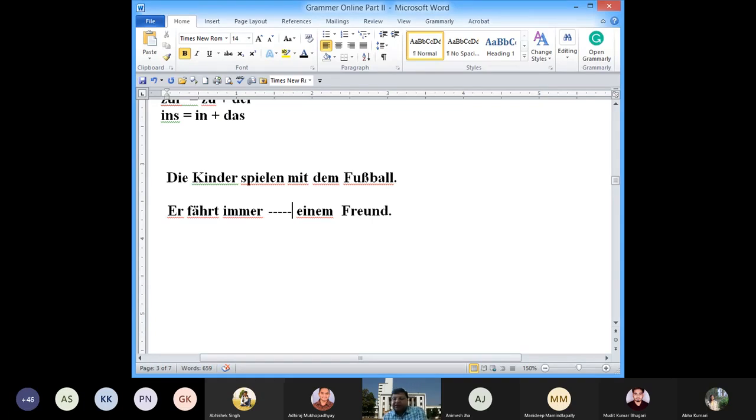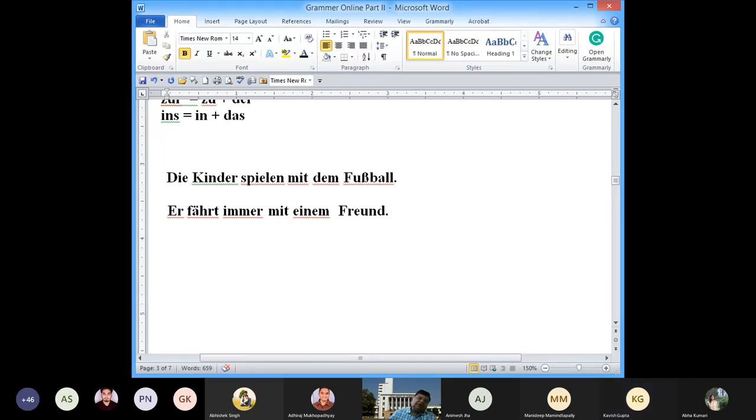Hello, Rohan Raj, are you there? Kavish Gupta? So now in this we can use mit, because einem is dative. So einem is dative, so we can use mit. What is the meaning of this sentence? He always drives with his friend. He always travels or drives with his friend.